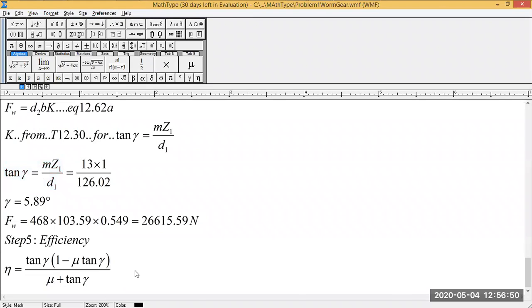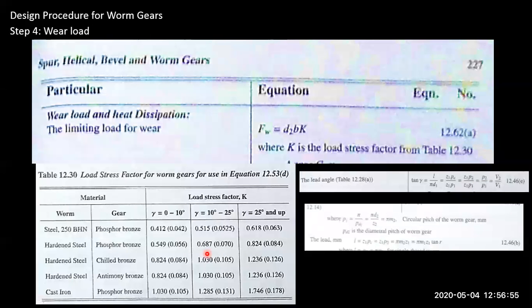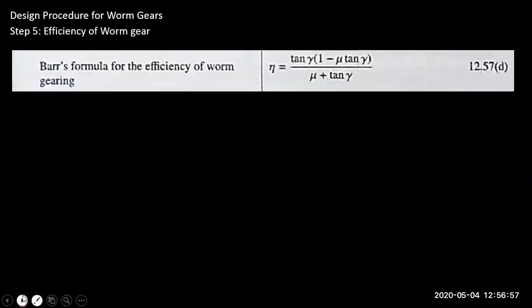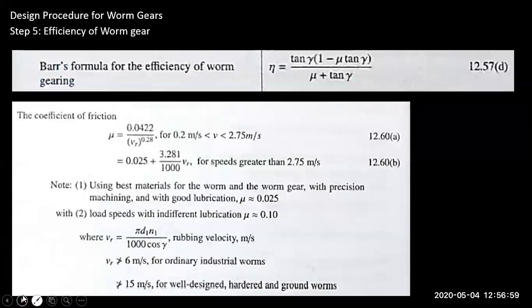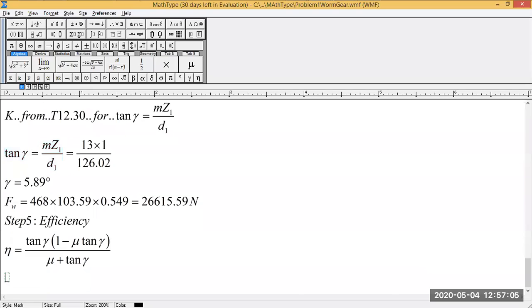Okay, we'll proceed. So we have gamma. Now to find mu, we need to find the velocity, since mu depends on velocity. So let's find the velocity first.